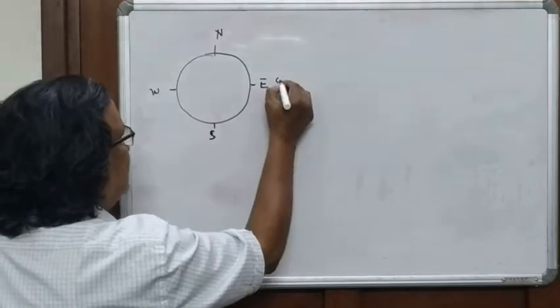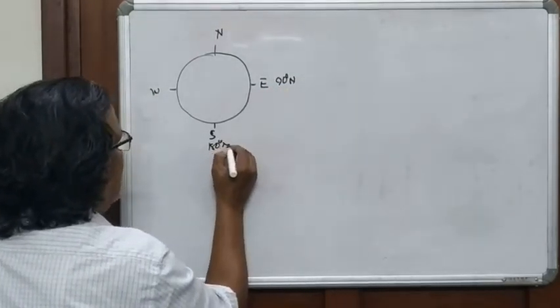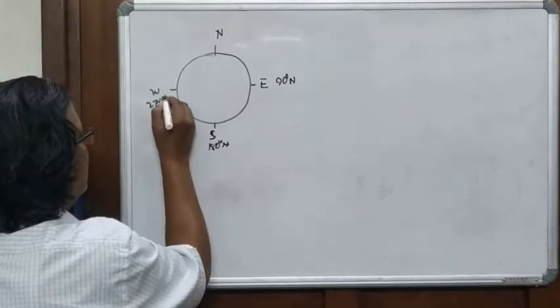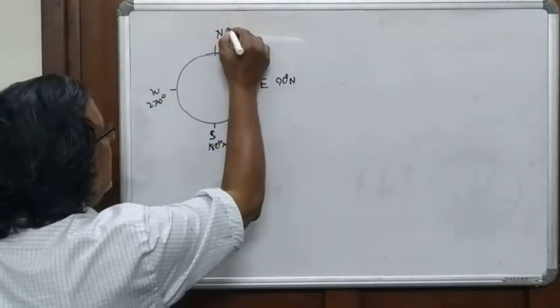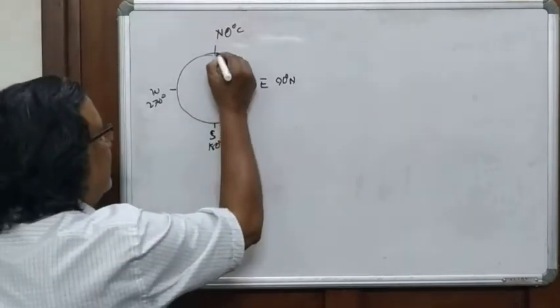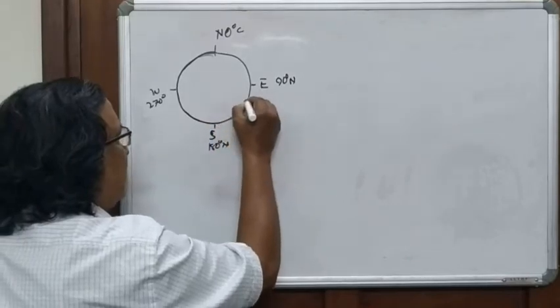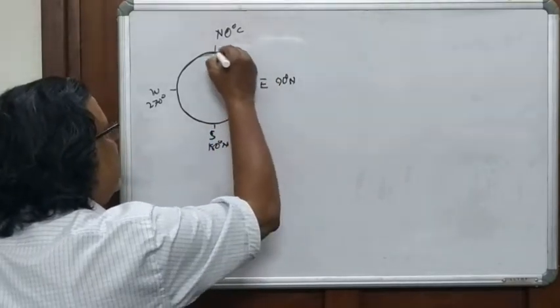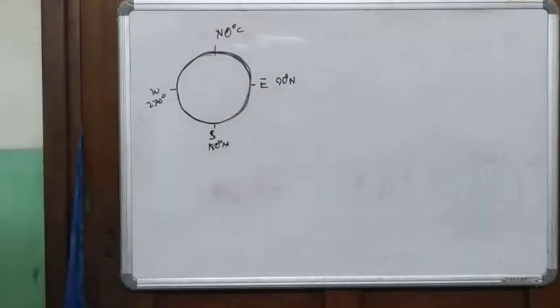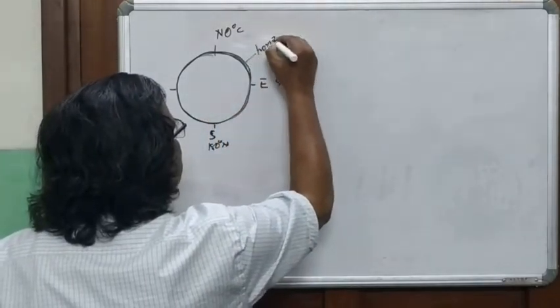And remember, 90-degree, 180-degree, 270-degree, and 0-degree north. So remember, it's a projection in the horizontal plane. This circle is the horizontal plane.